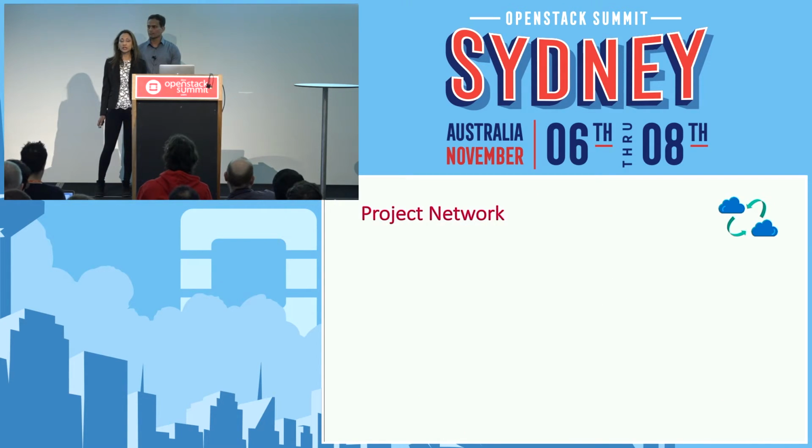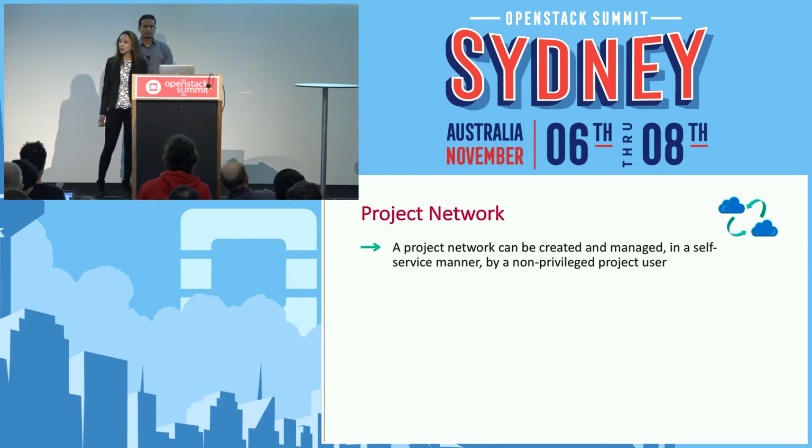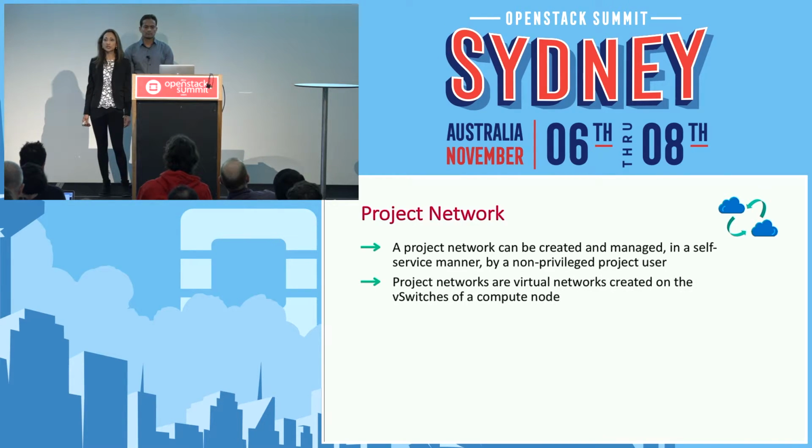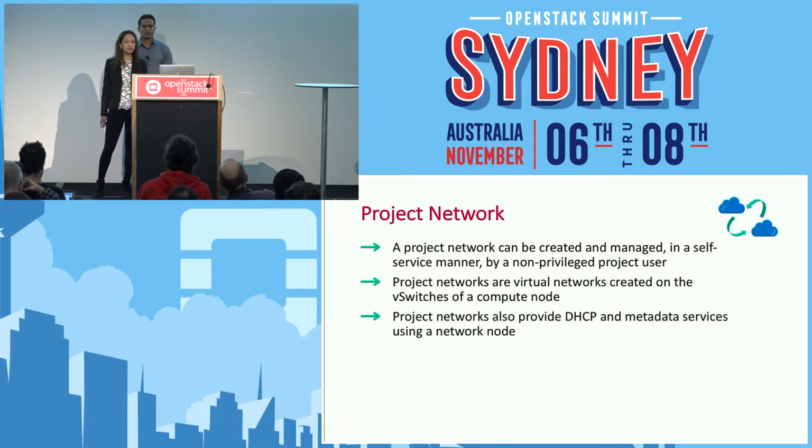So now we come to talking about what a project network is. A project network is a network that can be created and managed in a self-service manner by a non-privileged user, that is, a user that is not an administrator. Project networks are importantly virtual networks, and they are created on the vSwitches of a compute node. Project networks also provide configuration, that is DHCP and metadata services using the network node.